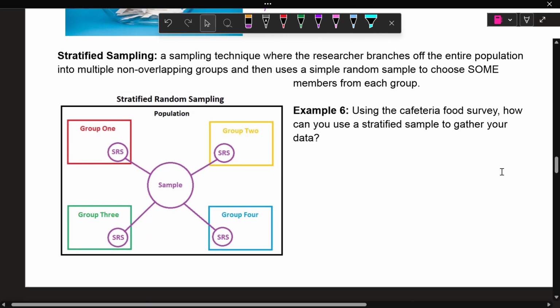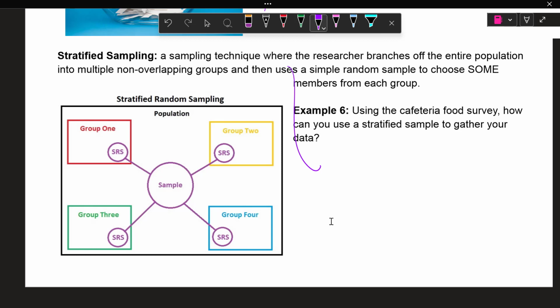Now the next two samplings, sometimes we get mixed up, so I'm going to try and illustrate the difference. The first one is stratified sampling. This is where we branch off the entire population into multiple non-overlapping groups. So what we should also add in there, we group by common characteristics.